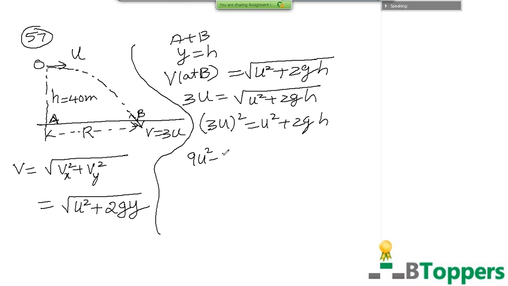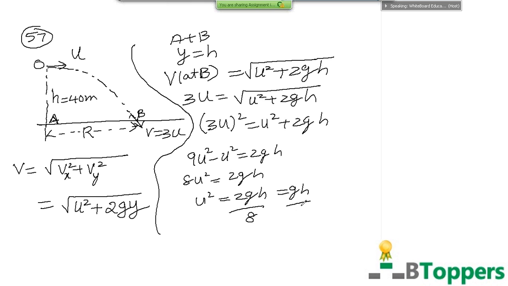You get 9u square minus u square equal to 2gh. So 8u square equal to 2gh, or u square equal to 2gh by 8, or gh by 4. So the initial speed of projection is root of gh by 2.